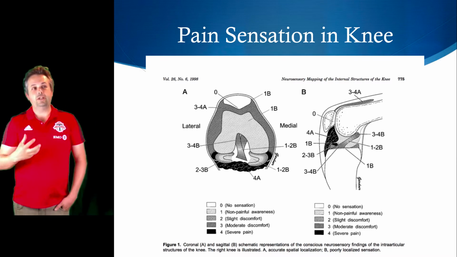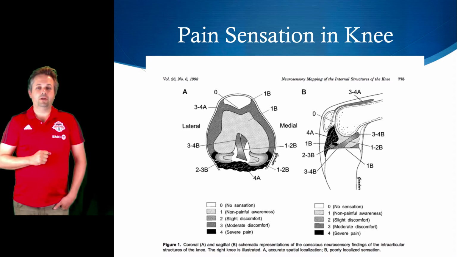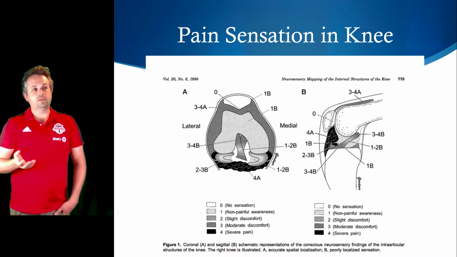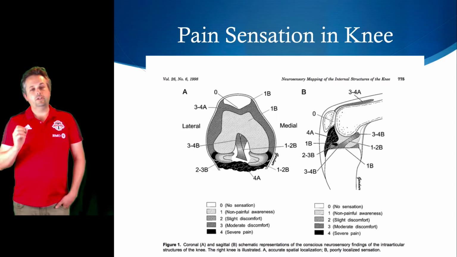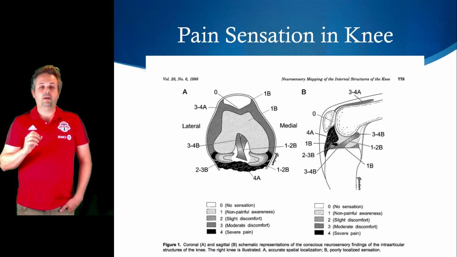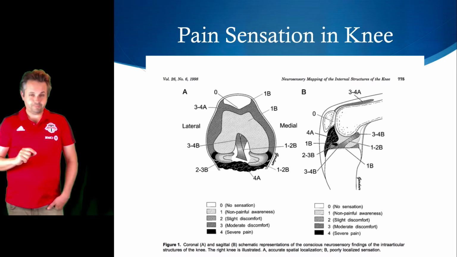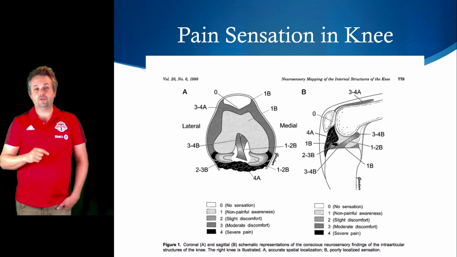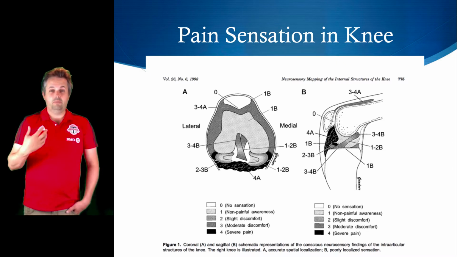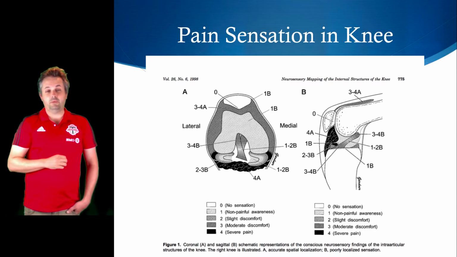This was essentially an awake arthroscopy done on a physician by an orthopedic surgeon, and what they did was, instead of using sedation or a general anesthetic, they just put local anesthetic into the skin portal sites, and then once in the joint with the scope, they used essentially a pressure gauge and pushed on the different tissues, and then asked the patient, which was a physician in this case, whether or not they could determine where the area was being pressed and how painful it was.